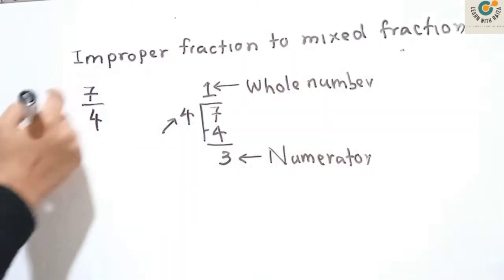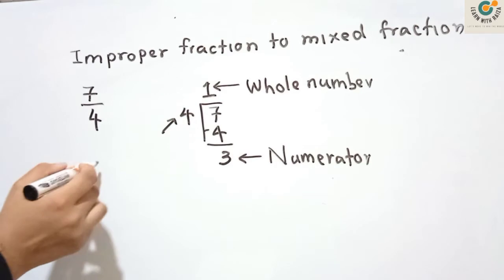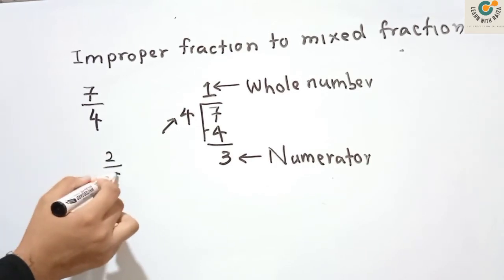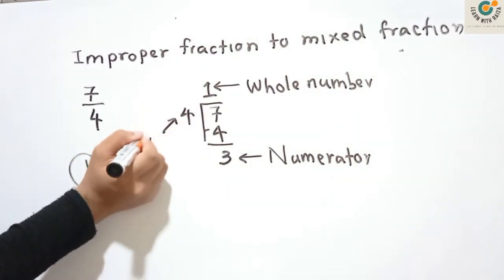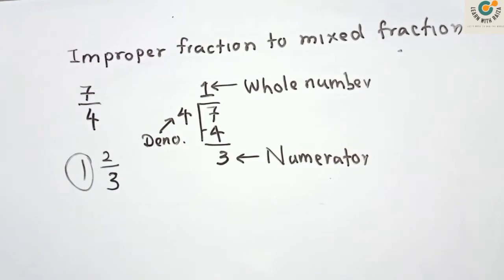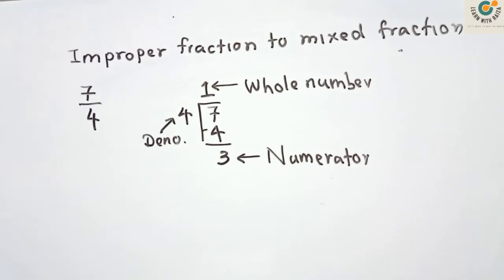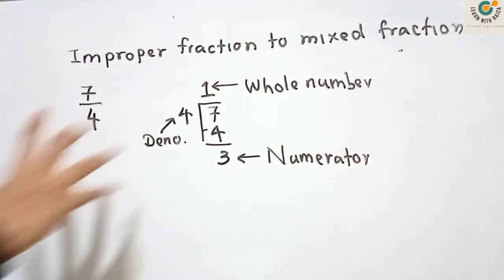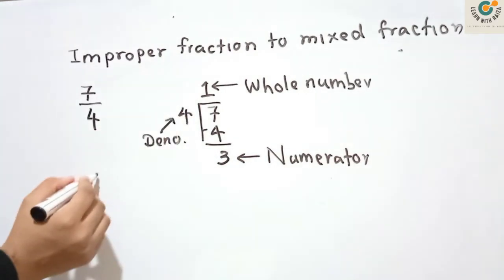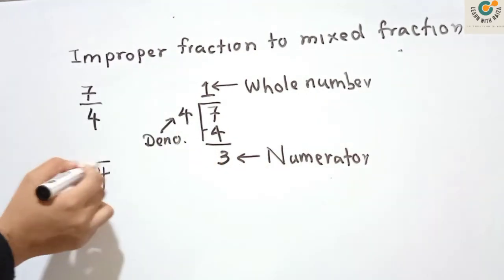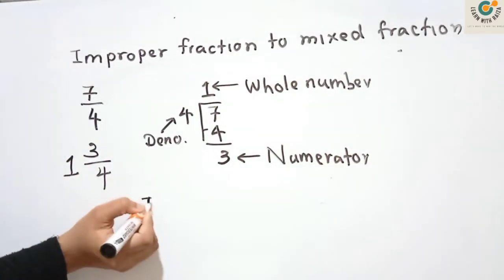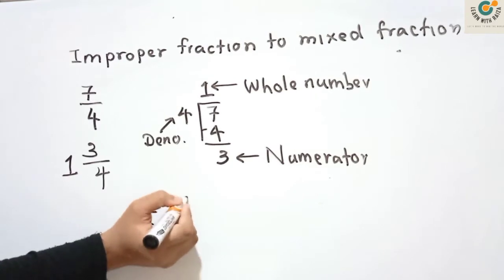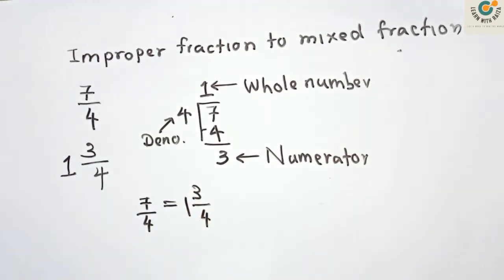In a mixed fraction you have a proper fraction and a whole number. The whole number is this one, and this one is the denominator. Remember, when converting an improper fraction to a mixed fraction, the denominator is always the same. Now I am going to arrange this. Denominator is 4, numerator is 3, whole number is 1. So 7 by 4, the improper fraction, is equal to 1 3 by 4, the mixed fraction.